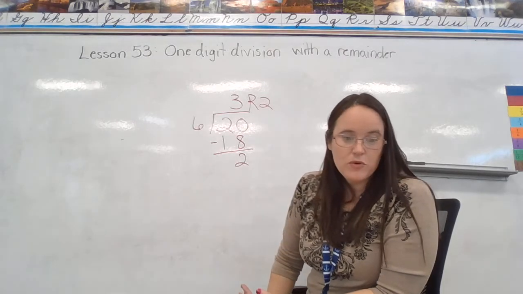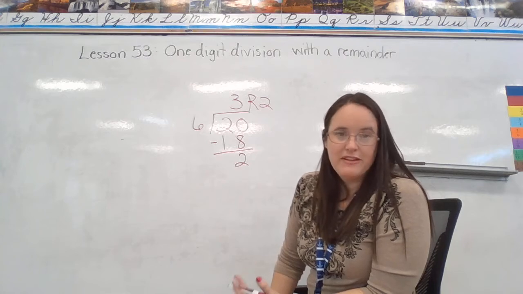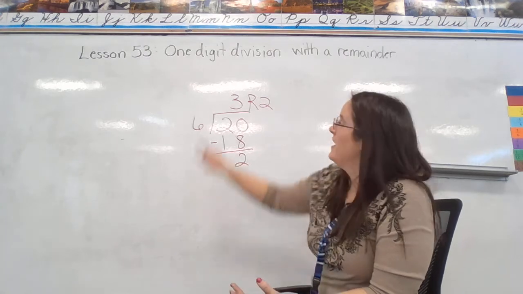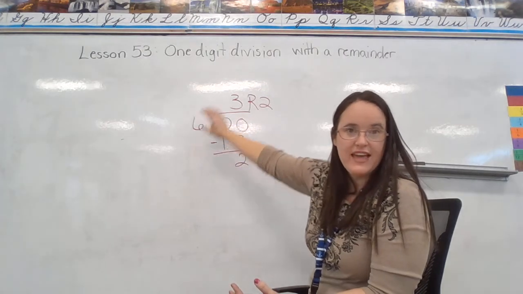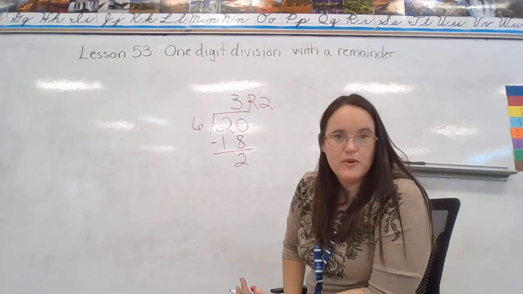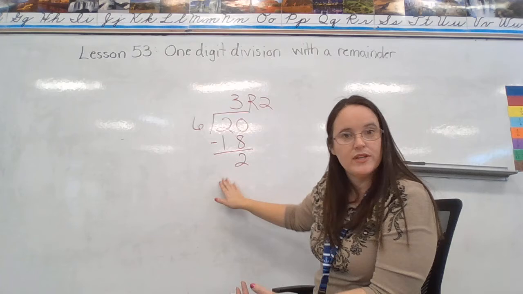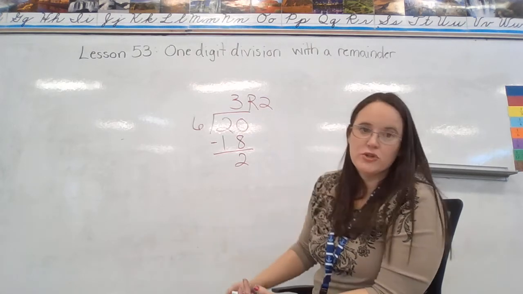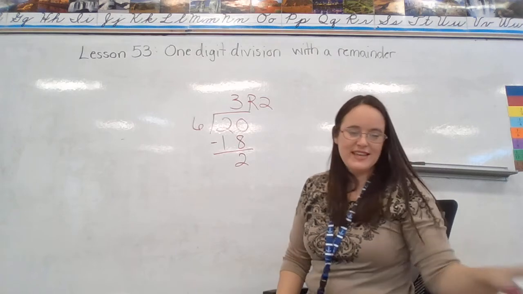But since this is a word problem, the question says, how many vans can be filled? Well, that's going to be the 3, because there are 6 people in a van. I can fill up 3 of them. How many people will have to ride in a car? That's your remainder, 2. 3 vans will be filled. 2 more people will have to ride to the museum in a car. Next example.